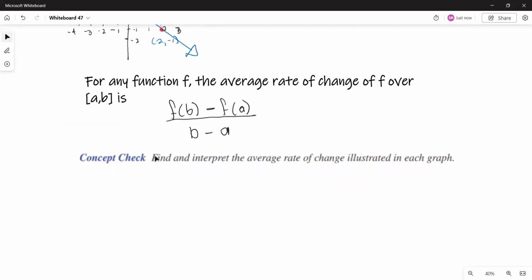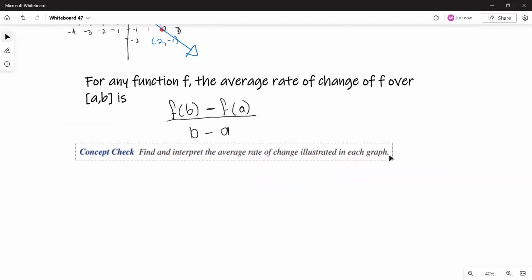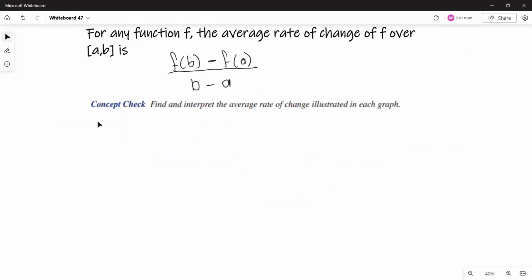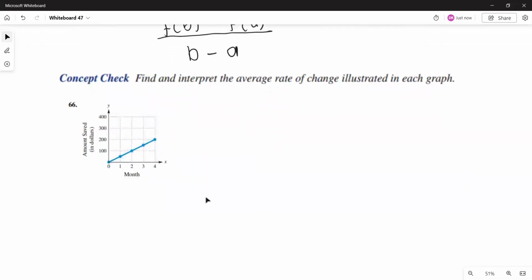You will find and interpret the average rate of change illustrated in the graph. And the graph is, I'm going to copy that. This one is a line, so the average rate of change would be the slope. We're on page 229. And let's make this bigger.